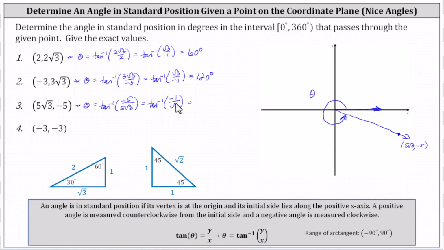Ignoring the sign for a moment, notice the tangent of 30 degrees equals 1 divided by square root 3, which means 30 degrees is the reference angle in the fourth quadrant. So if the reference angle is 30 degrees, we should be able to recognize the angle theta we're looking for is equal to 360 degrees minus 30 degrees, which equals 330 degrees.